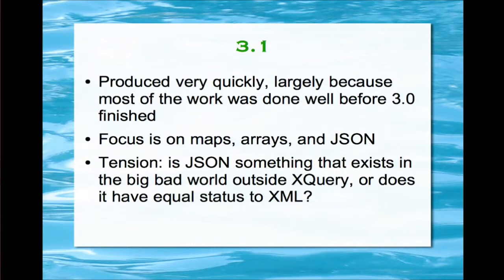It's a fact of life. It's a sort of gravitational constant, that things take 7 years. But no, the group was disciplined, and it did manage to produce 3.1 within a year. There are very few obstacles now for it going to recommendation within a few months.